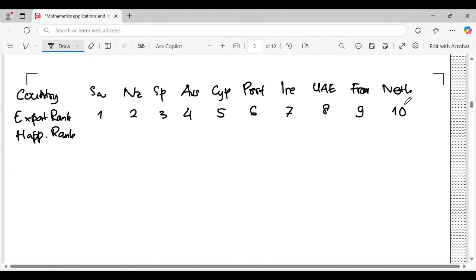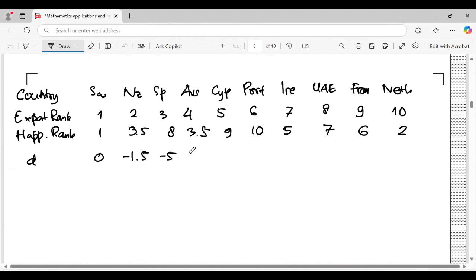And the happiness rank: 1, 3.5, 8, 3.5, 9, 10, 5, 7, 6, and 2. Now we are going to find D, the difference. 1 minus 1 equals 0, 2 minus 3.5 is minus 1.5, 3 minus 8 is minus 5, 4 minus 3.5 is 0.5.